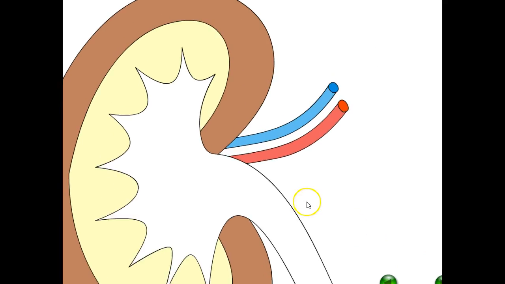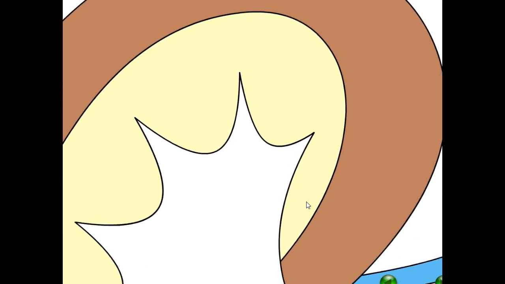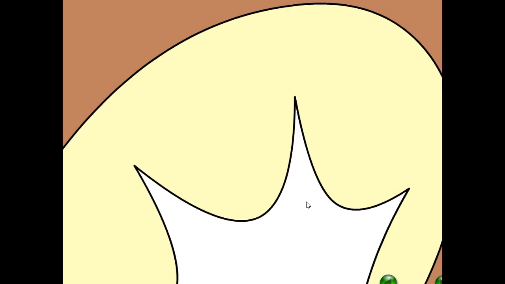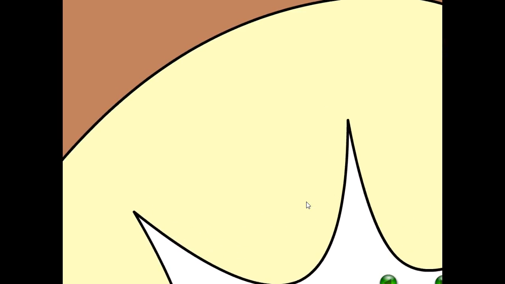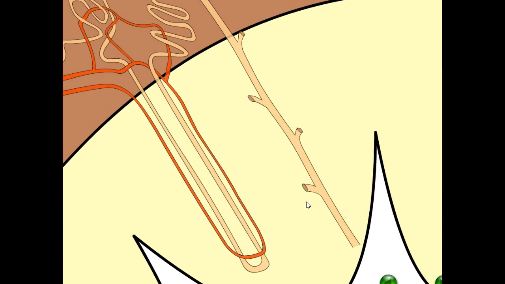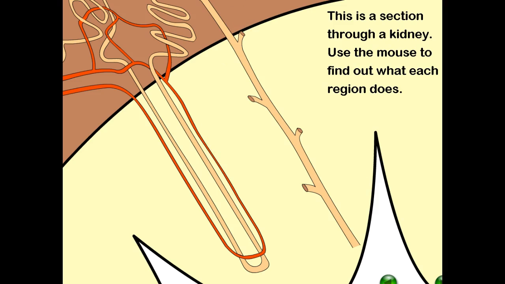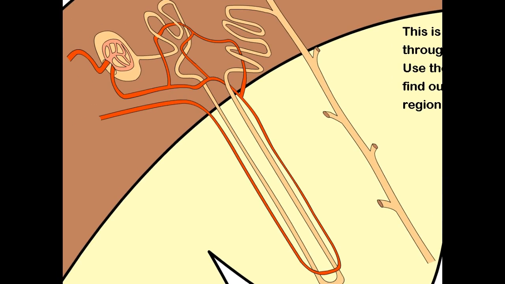But if we keep going, you'll see that we have our kidney. And inside our kidney, we have just one nephron in this picture. But keep in mind, there's millions. We have our afferent, going to lead blood into the nephron.